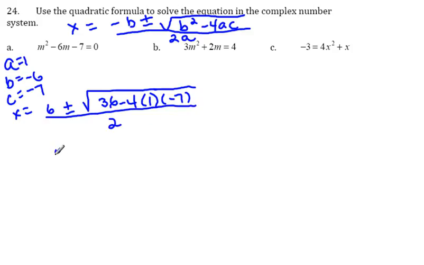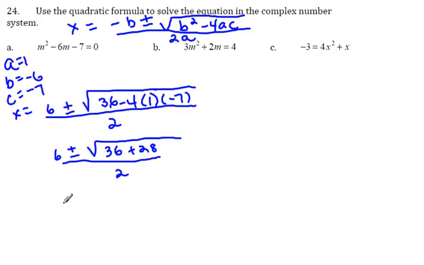So that gives me 6 plus or minus the square root of 36 plus 28, that was negative 4 times 1 times negative 7, all over 2, which gives me 6 plus or minus the square root of 64 all over 2, which is 6 plus or minus 8 over 2.